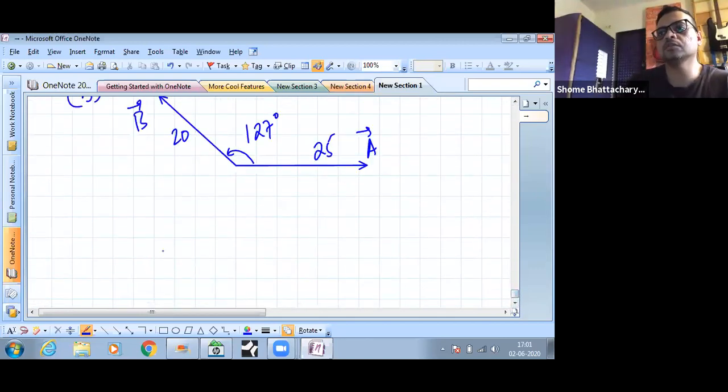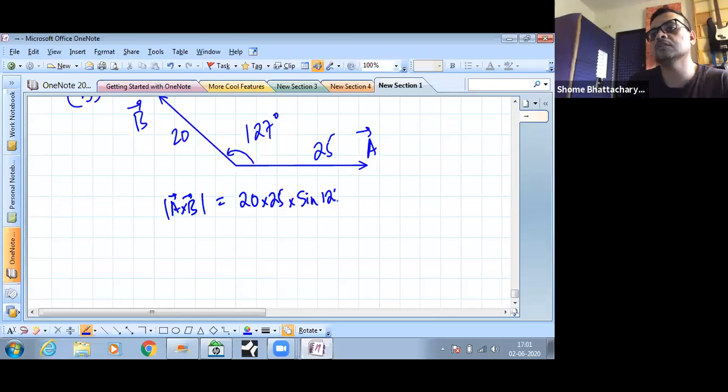In this one, magnitude of A cross B should come out to be 20 into 25 into sine 127, which is the same thing as 500 into sine 53, which is the same thing as 500 into 4 by 5. So it should be 400 square units, whatever unit was. So this should be A cross B.